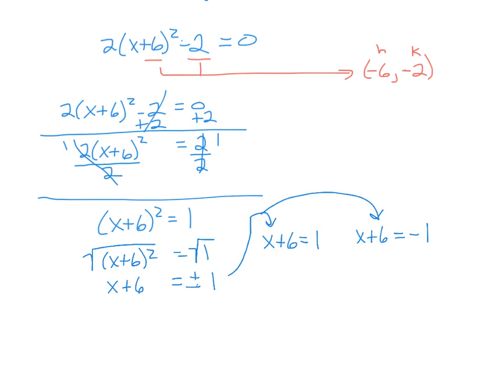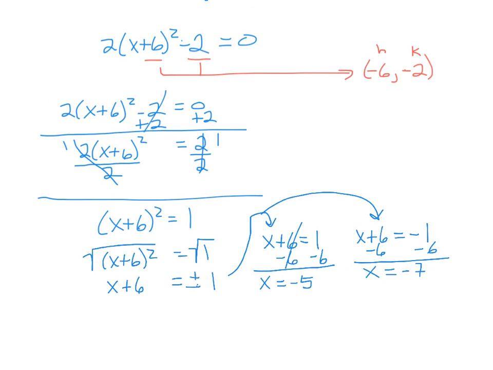Well, now I can simply solve this. Let's take negative 6 to move it to the other side, and I get x equals negative 5. Excellent. Over here, I do the same thing, subtract 6 on both sides, and I end up with x equals negative 7.